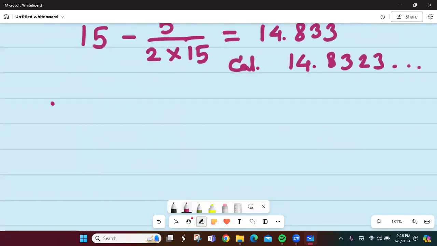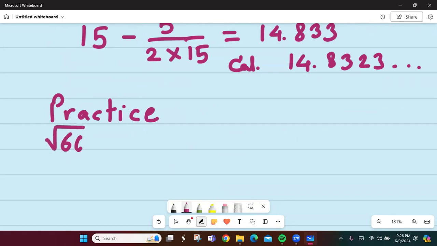So I will give you some problems for practice. You have to just verify these answers using the particular method to find the square root. First is square root of 66. You should get 8.124.